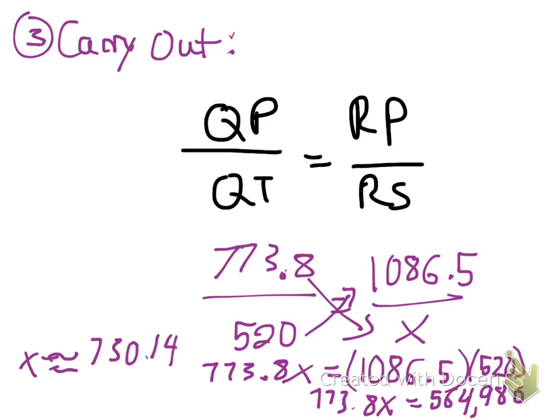So I'm going to round to the nearest whole number. RS, the distance from the center of the bridge down to the American River, is about 730 feet. Whoops, that's dyslexic. About 730 feet.